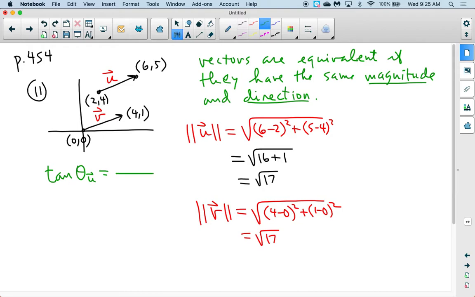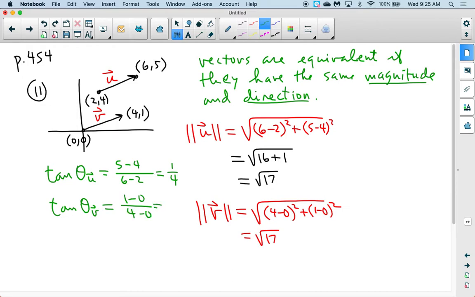That would be y2 minus y1 over x2 minus x1. So 1/4, right? And then the tan of the direction angle for v would be, again, y2 minus y1 over x2 minus x1.